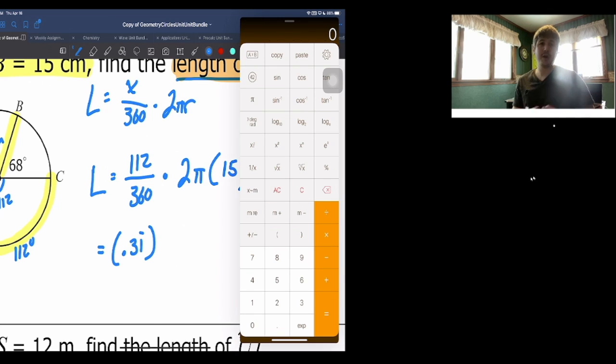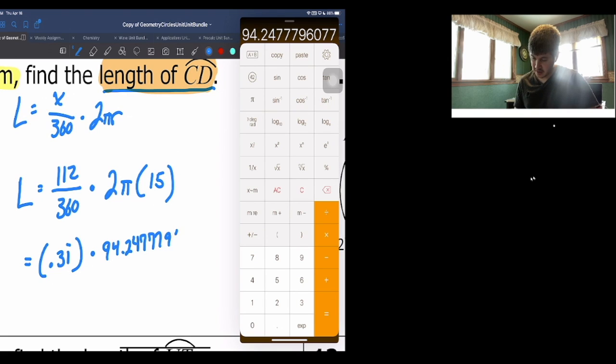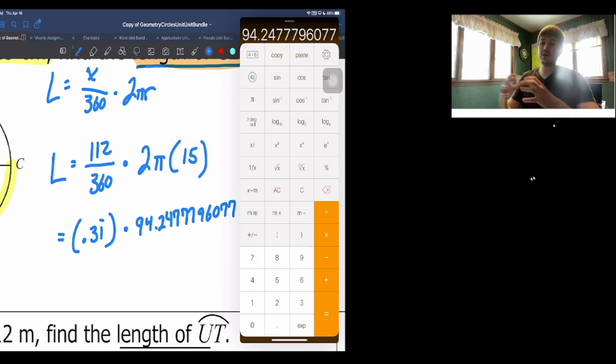You could do 2 pi r separately too. So 2 pi r is 2 times pi times the radius. This number right here, 94.2477796077, is the 2 pi r part. That's the circumference of the entire circle. You don't need all these numbers written down, but you can see how the formula gives you the percentage piece and the circumference piece.